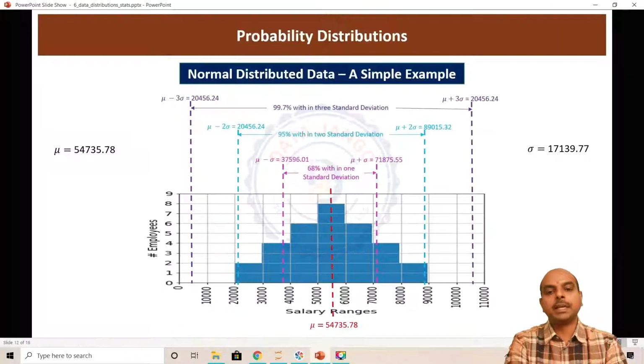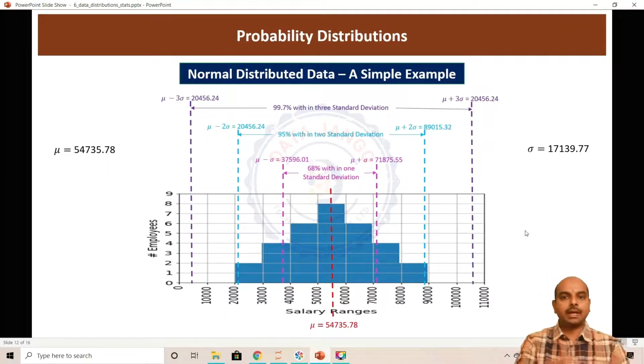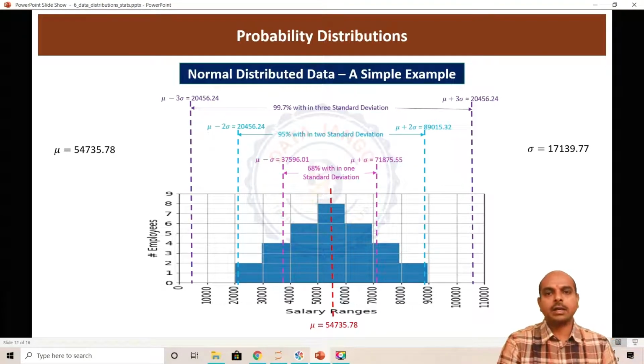Suppose a company like Infosys, where you have got lakhs of employees, maybe 100,000 or 150,000, you definitely need to form a bell curve and understand the salary distribution.